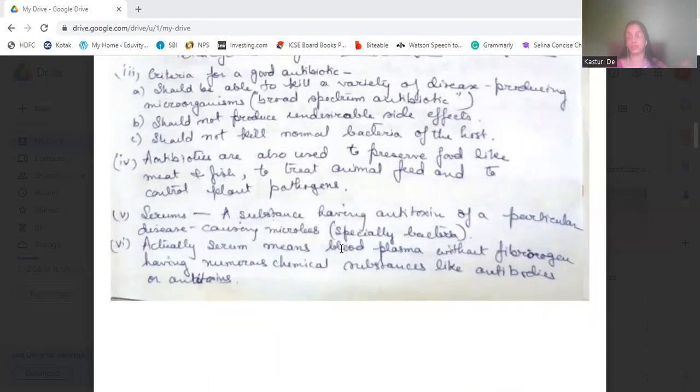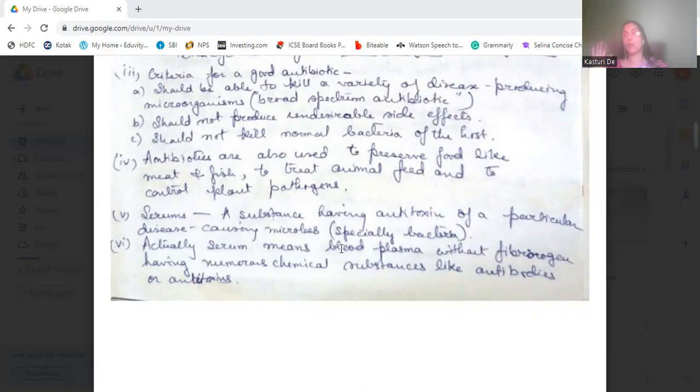Now we come to serums. What are serums? Serums are substances having the antitoxin of a particular disease-causing microbe, especially bacteria. Actually, what does serum literally mean?